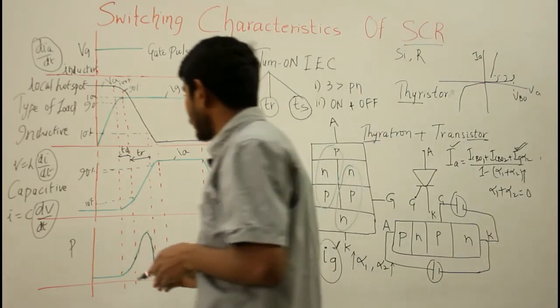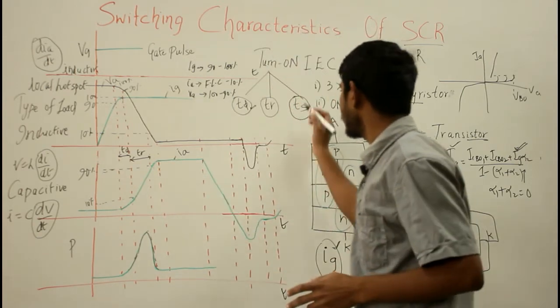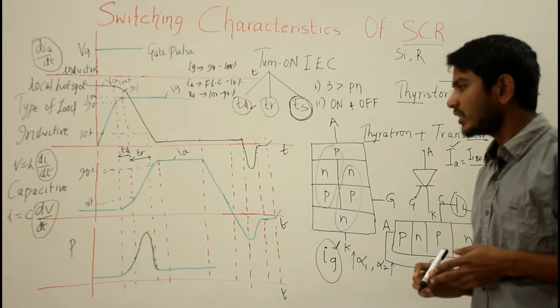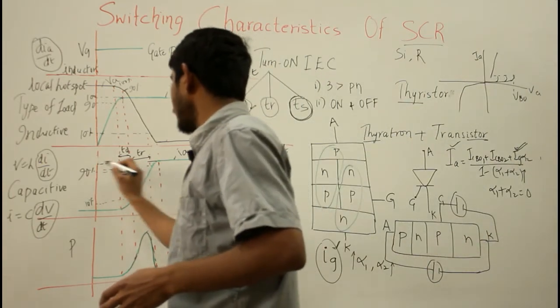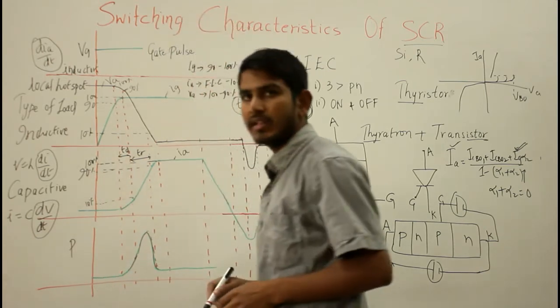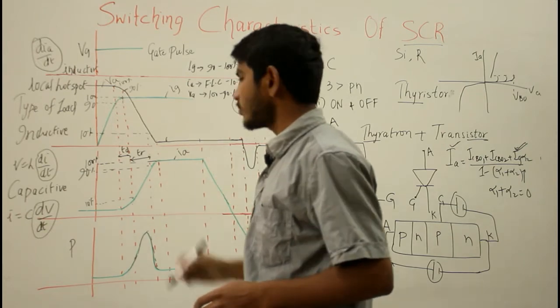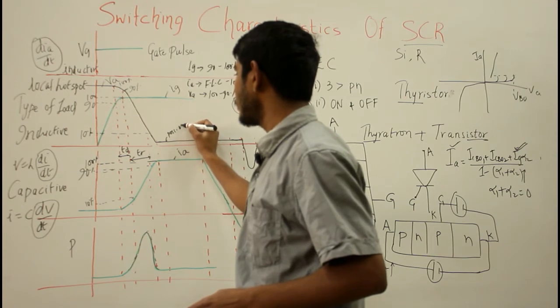So we have seen the delay time and the rise time. Now coming to the spread time, it is the interval in which the anode current rises from 90% to 100%, and at the same time your anode voltage falls from 10% to the smallest possible value.